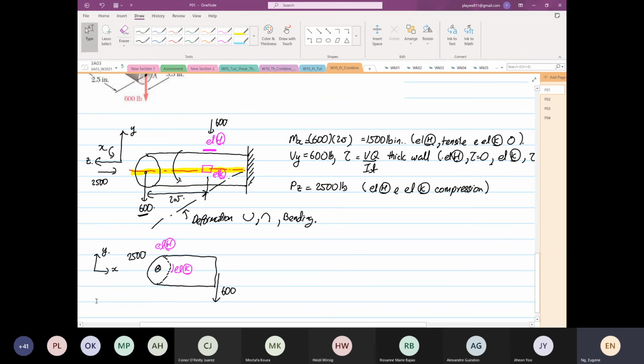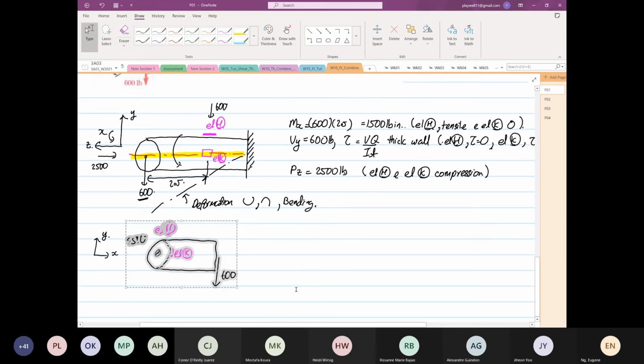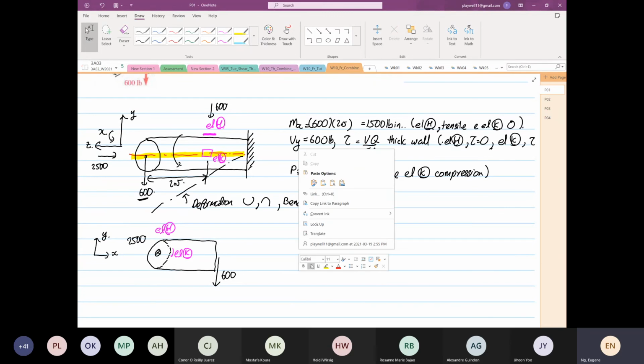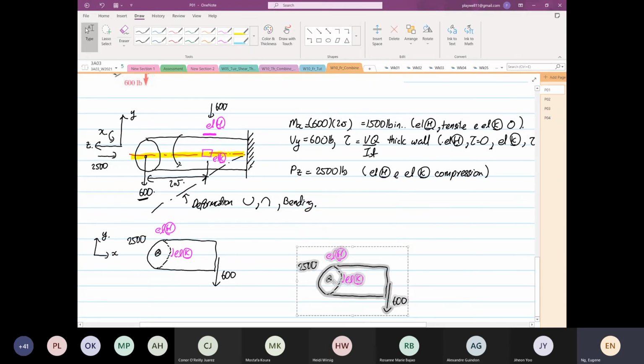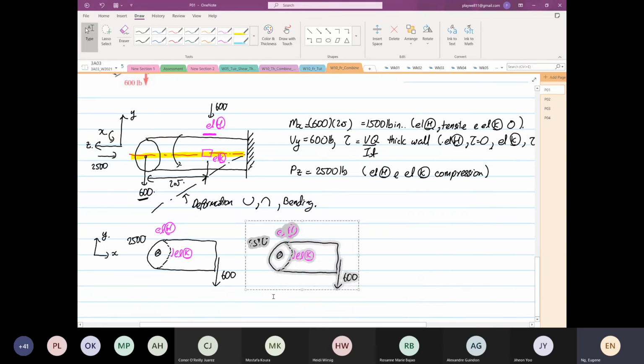So I'm going to copy and paste what not to do. So you don't draw any axis relative to the element you are interested in. Oh, Eugene said draw the neutral axis, so I will take this and draw this neutral axis. For example, this is what not to do. But we're not interested in that neutral axis because both the elements are not on that neutral axis. The neutral axis of interest is this one that I'm going to draw in green.